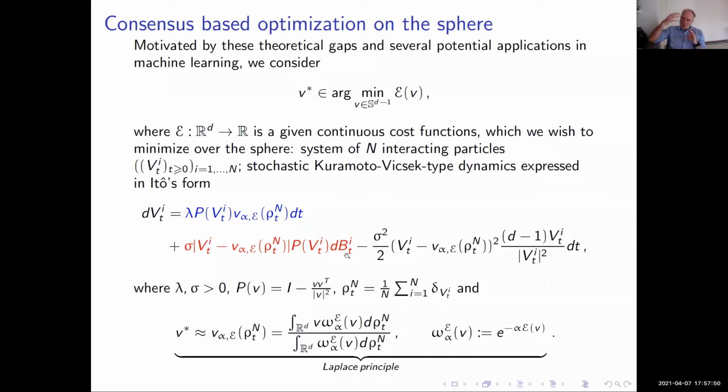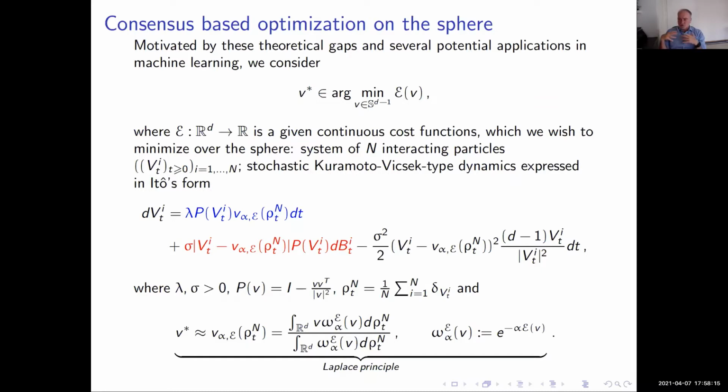For a motion on the sphere, you want to expect the velocity field to stay on the tangent space. But this won't be enough for keeping the dynamics on the sphere, because the Brownian motion is essentially an unbounded object. It's an object that in principle is unbounded.